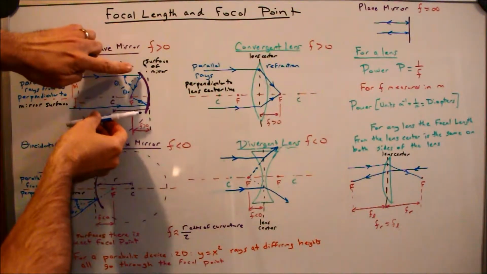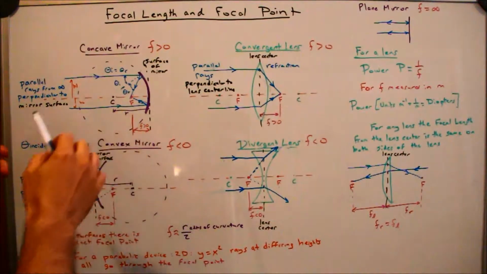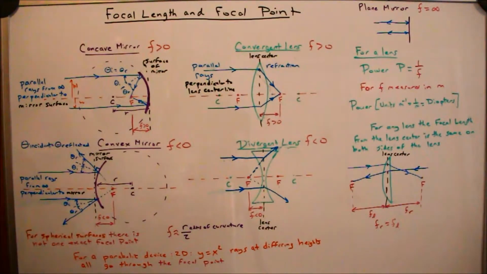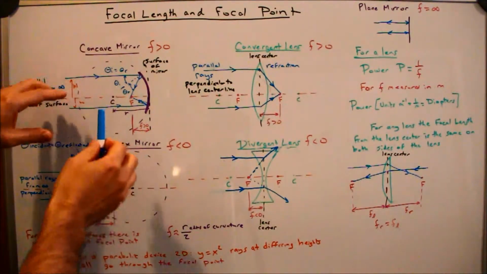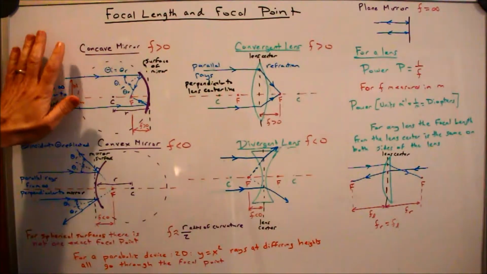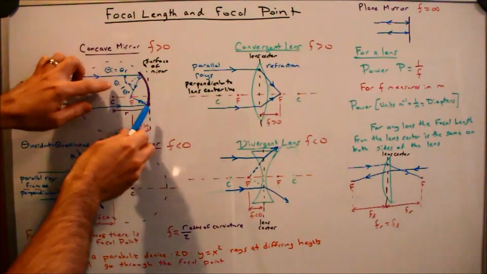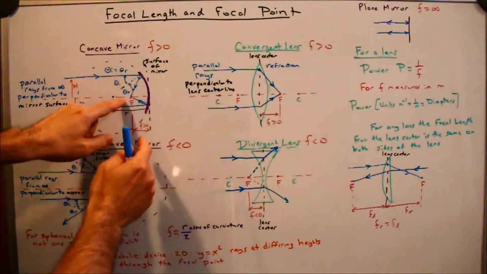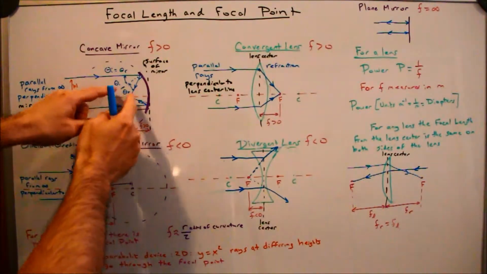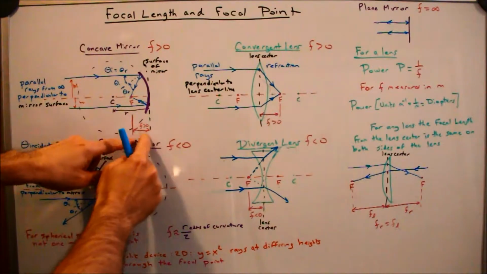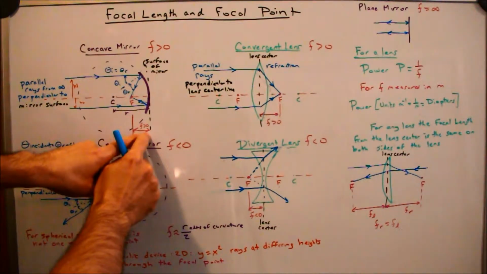And for a mirror, you'd expect that if I have an object on this side, I expect a real image if one exists on this side. So you can see that the focal point is on the side I expect for a mirror, and therefore the focal length is going to be positive.